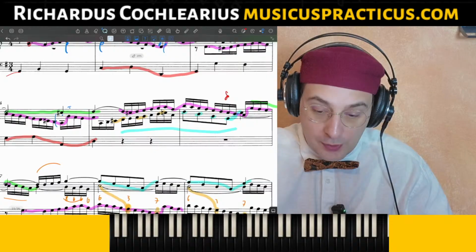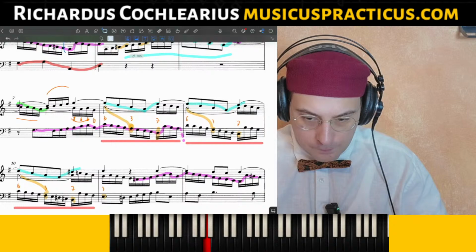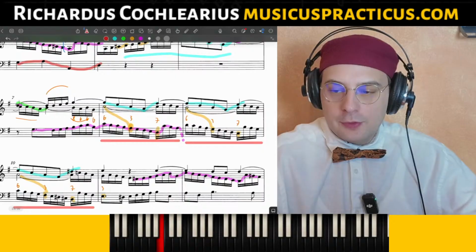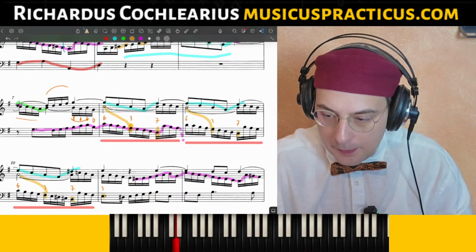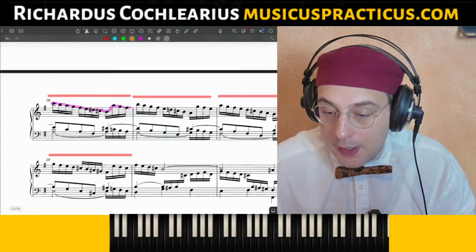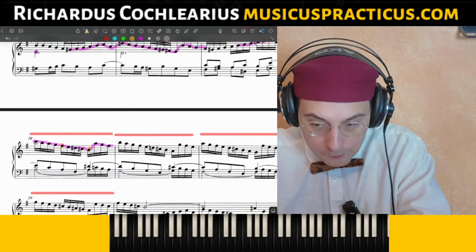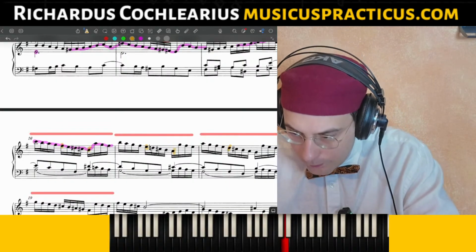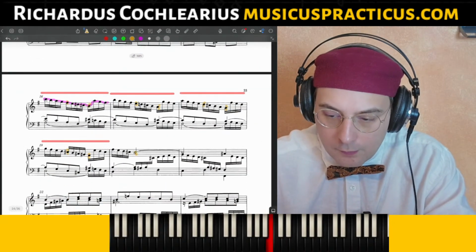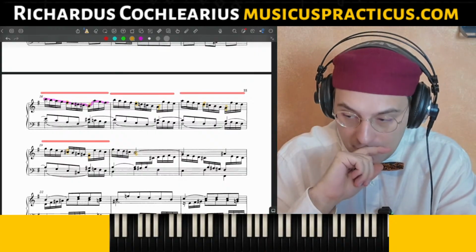In the bass we had... and they correspond to the second note of this. And now they are... and the fifth degree and the first degree appearing here, B minor. Good.